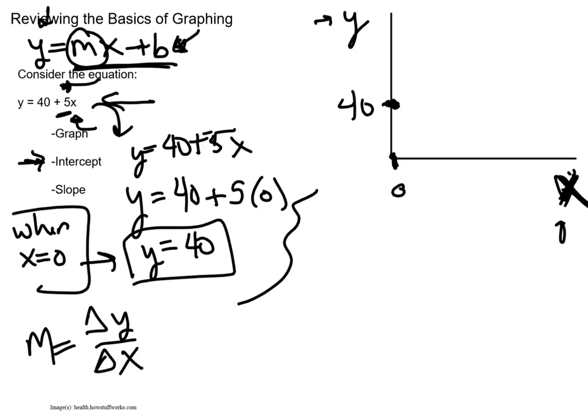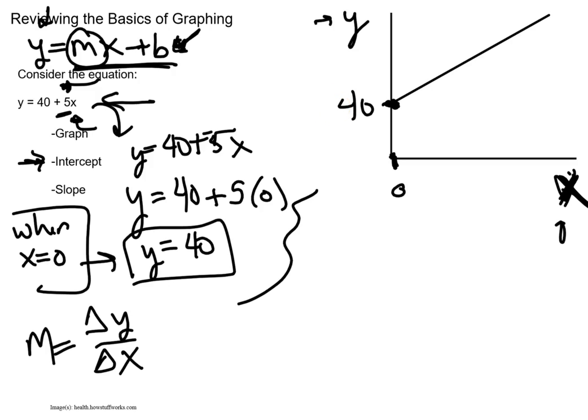The other thing I know is that in a classic linear equation like y equals mx plus b, it's not just going to be an upward sloping line, but a straight upward sloping line. So let me grab this straight line, something like that. Totally could be the graph of this equation. It's a nice straight line, starts at a vertical intercept of 40.